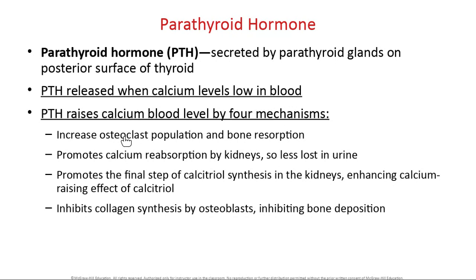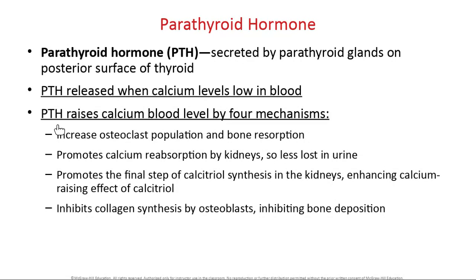One effect is at the level of the osteoclast, and this effect on osteoclast is indirect. For example, PTH does not go directly to osteoclasts and shock them to start increasing bone resorption. It's an indirect effect, but at the end of the day, it's going to lead to osteoclasts increasing bone resorption so that we increase blood calcium levels.